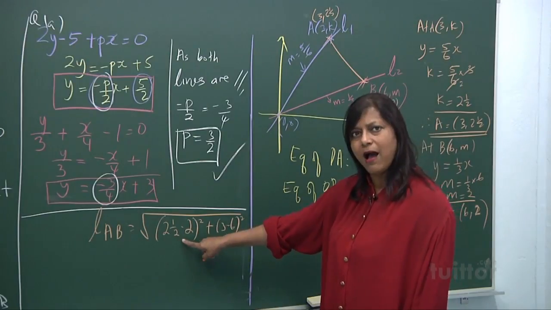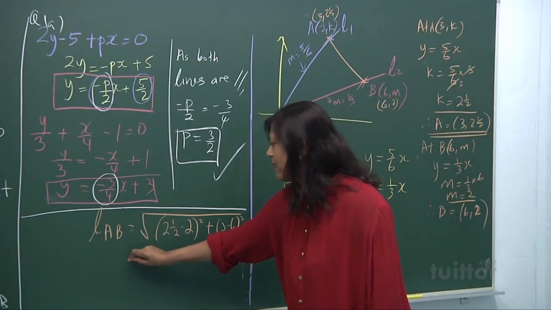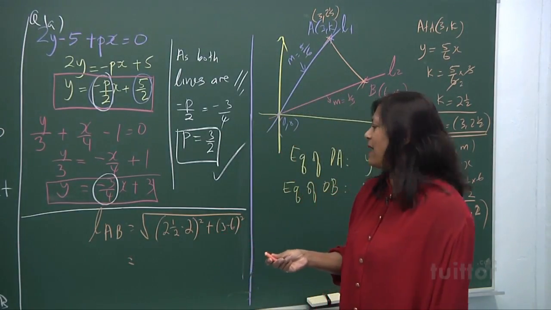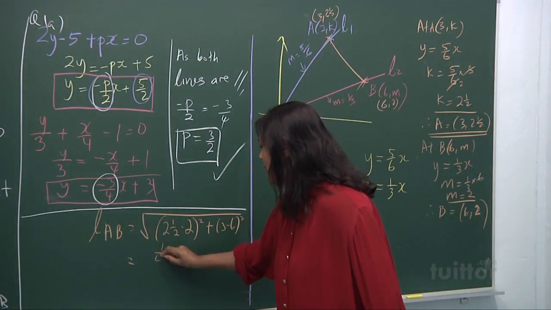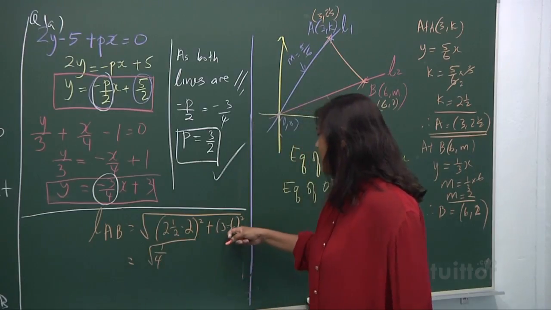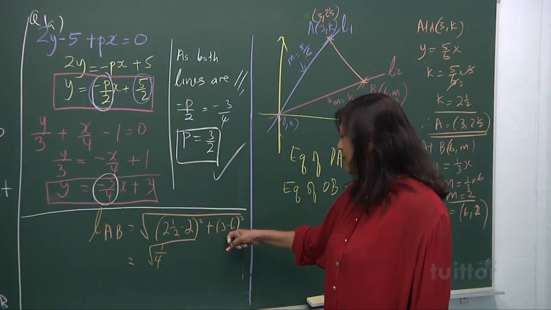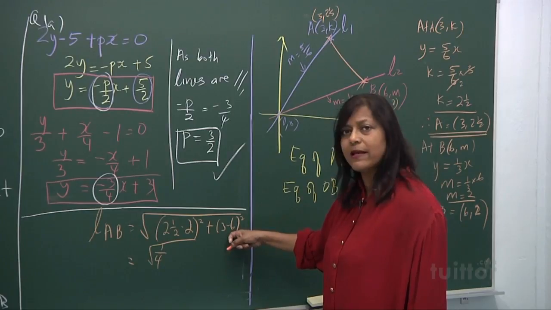You get a half, and a half squared is 1/4. And this will be minus 3, and minus 3 squared gives us 9.